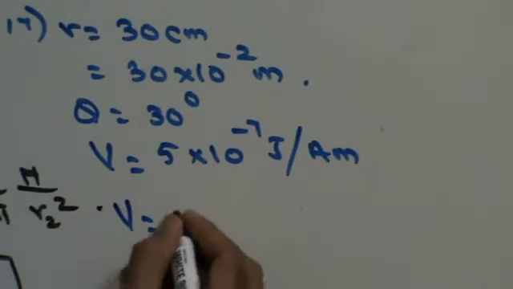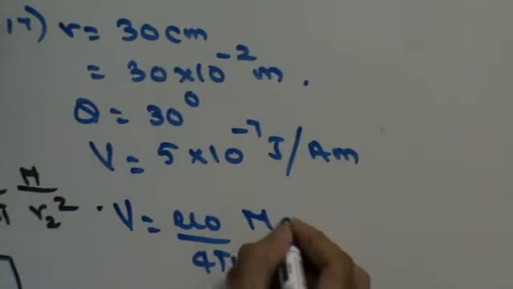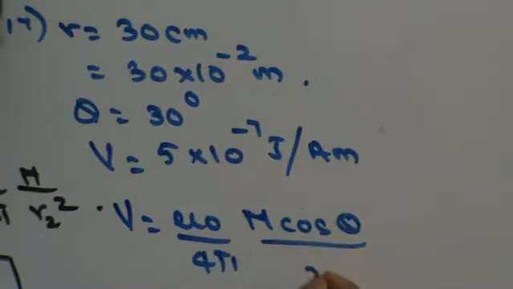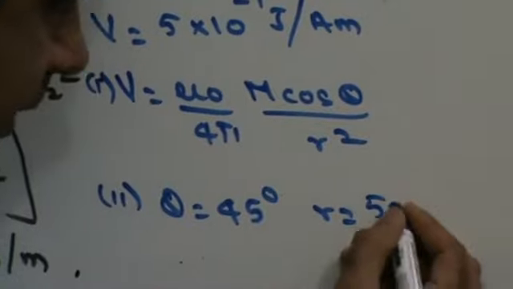Now V is mu 0 upon 4 pi, m cos theta upon r square. V is given to you, theta is given to you, r is given to you. So from here you will be able to get the magnetic moment. Once you have this, then they said that theta is 45 degrees and r is 50 centimeters.